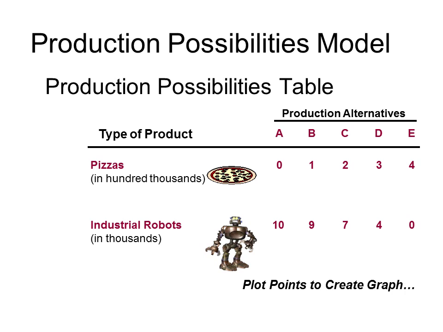So from E to D, each robot only costs 1/4 of a pizza. From D to C, each robot costs 1/3 of a pizza. And trust me on this, if we went from C to B, it would be 1/2 of a pizza. And then from B to A, it would be 1 whole pizza. So the opportunity cost of each successive choice is getting higher, aka increasing marginal opportunity costs.